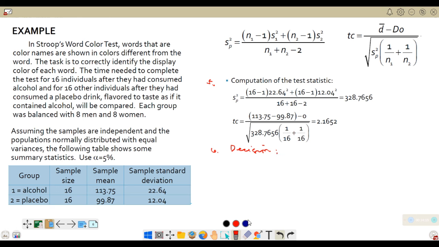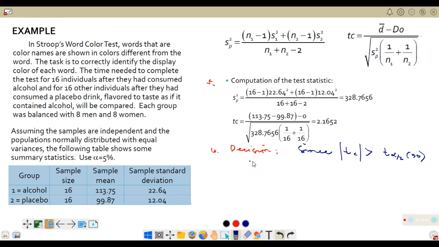Okay, ano decision natin? So, since T computed is greater than, syempre absolute value siya, T alpha over 2 with degrees of freedom 30, pero ang ginamit natin ay Z alpha talaga, that is still okay.